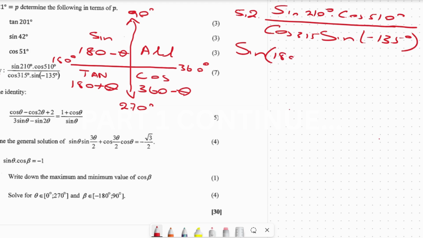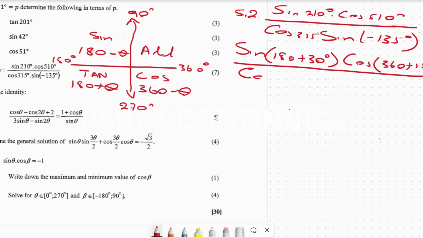This can be 180 plus what? Plus 30 degrees. Then I've got cos 510. These are angles above 360. This will be 360 degrees plus 150. Then I'll have cos 315.